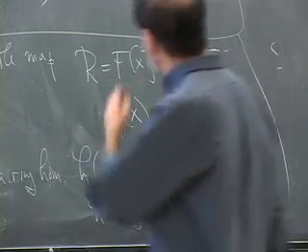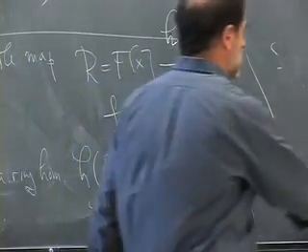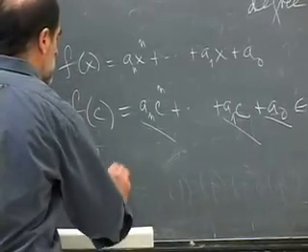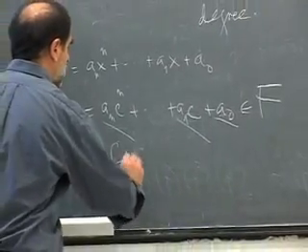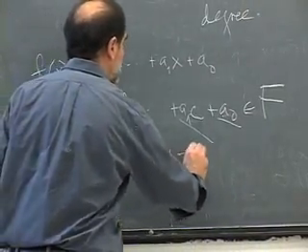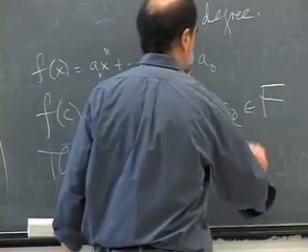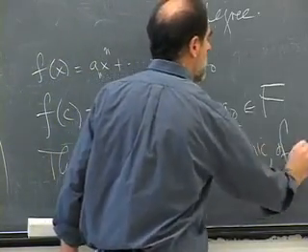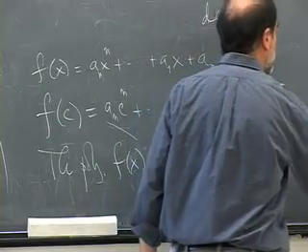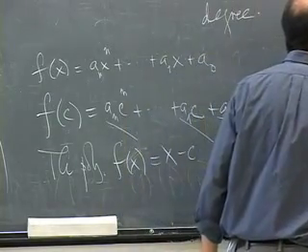That's a monic polynomial. The polynomial f of x, which is x minus c, is monic of degree 1 with f of c equal to 0.